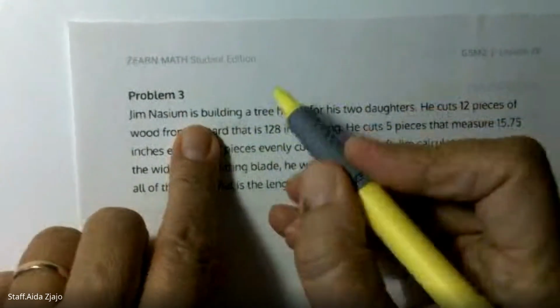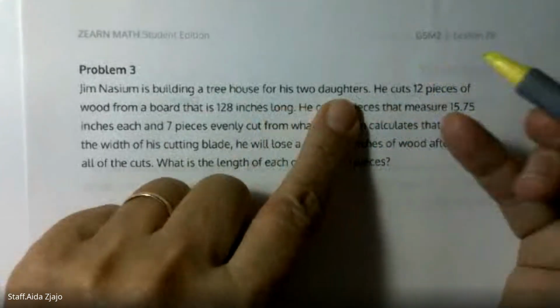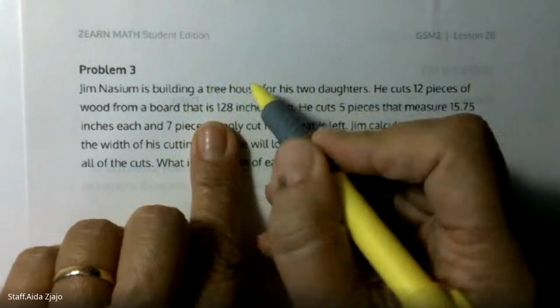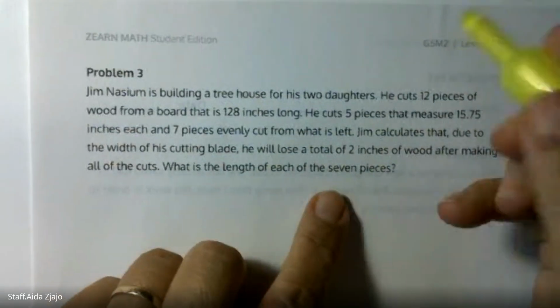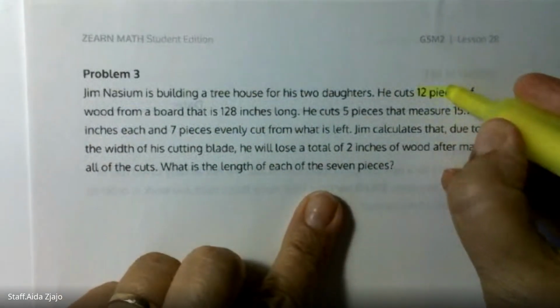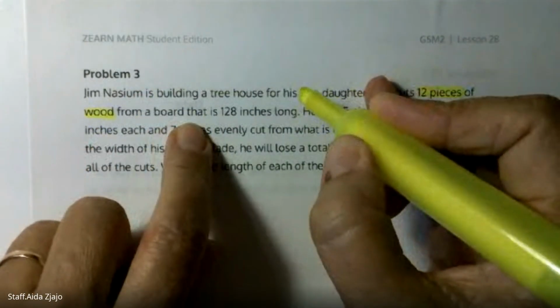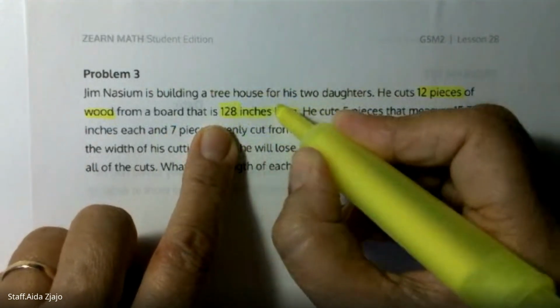Jim is building a tree house for his 2 daughters. He cuts 12 pieces of wood from a board that is 128 inches long.